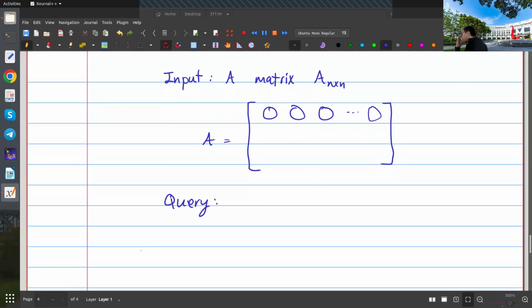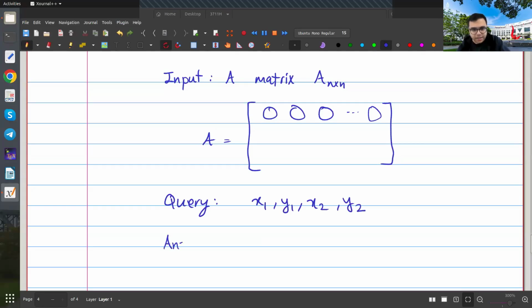But now every query just gives me a rectangle inside this matrix and says, what is the sum of all the elements in that rectangle? Okay. So the query is going to give me, let's say, x1, y1, x2, y2.